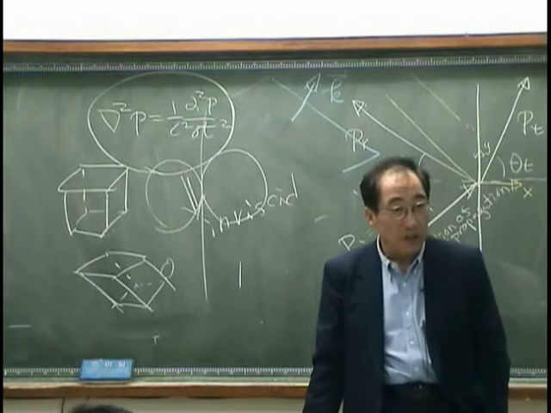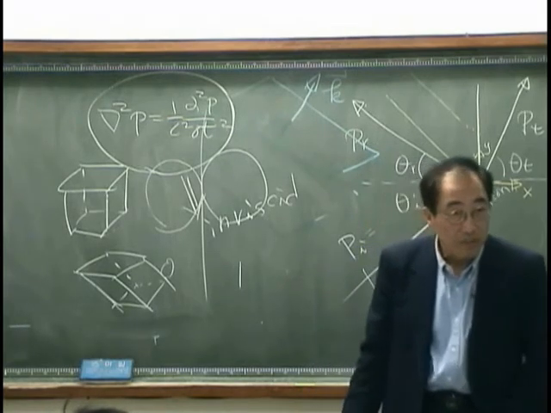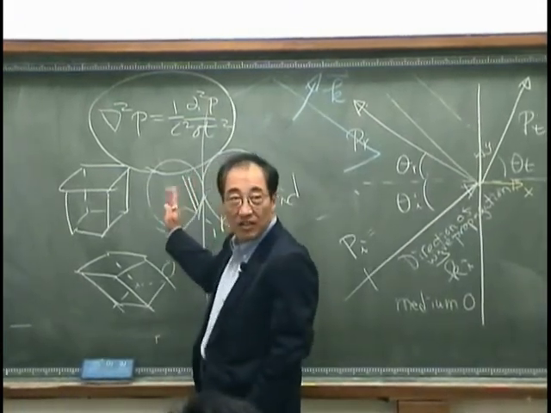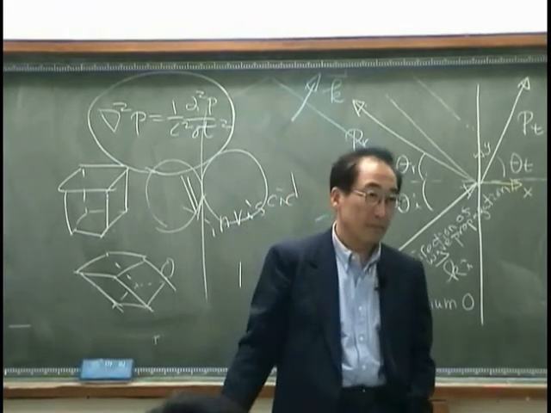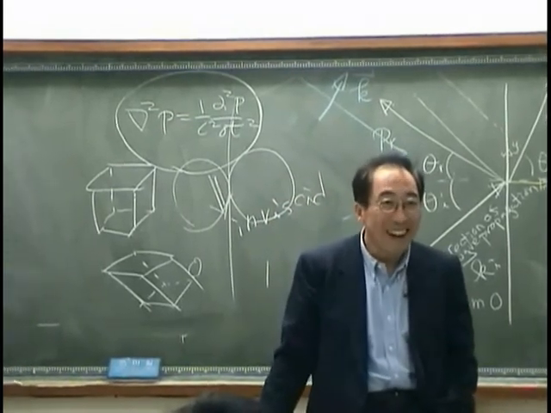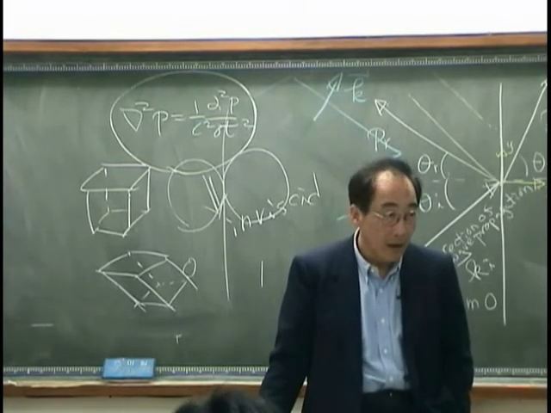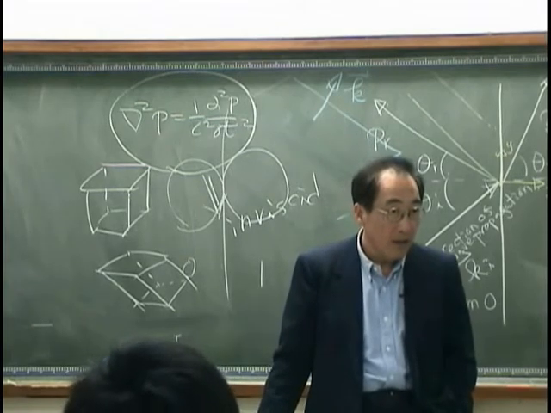If the fluid does not have viscosity, then the fluid in this direction cannot satisfy the no-slip condition that he mentioned. It's allowed to slip. Right? Okay?